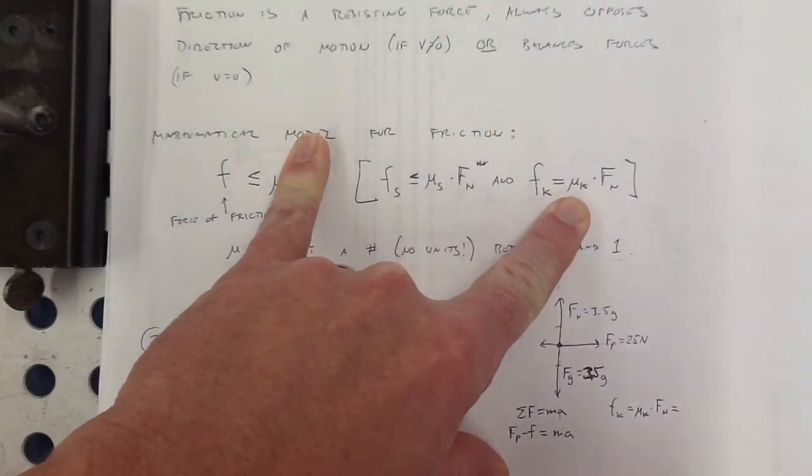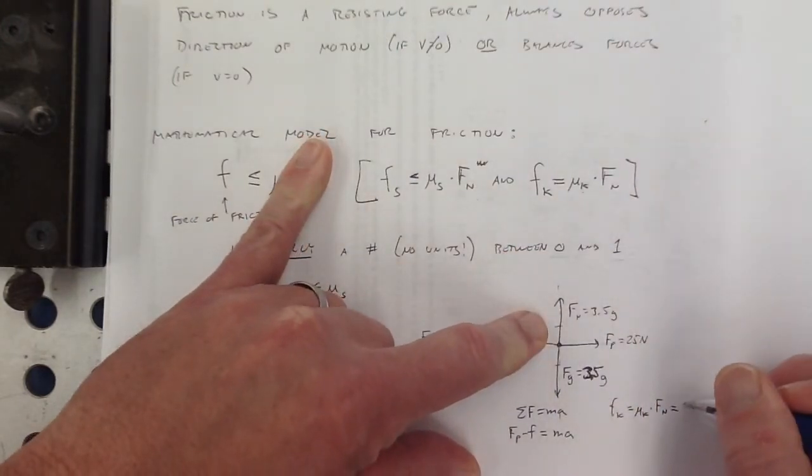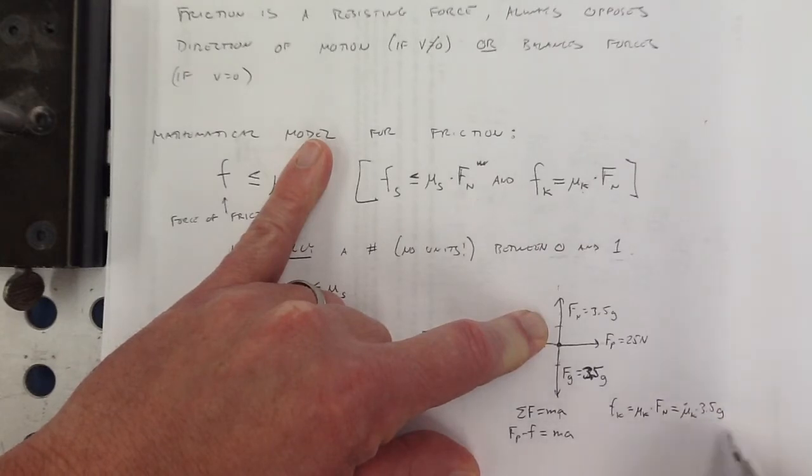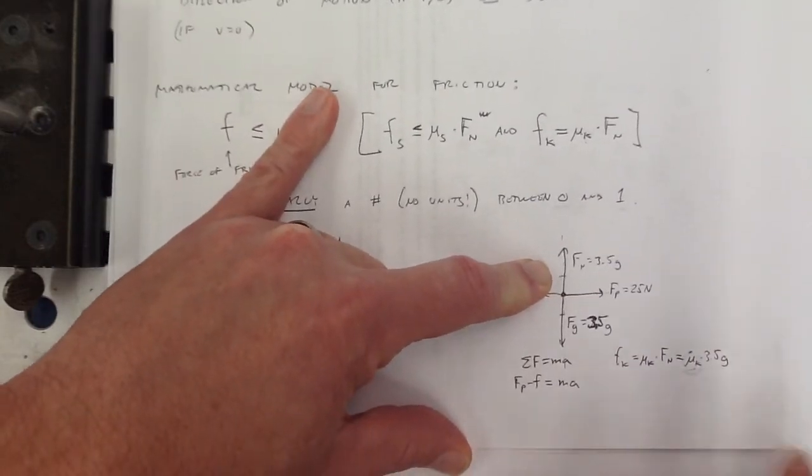And in this case, the normal force is equal to 3.5 G. So I've got mu, that's what Greek letter that is, mu times 3.5 times G. So I can replace this friction force with that. This is the thing that I'm trying to find, so I need to get that into my equation. Let's go ahead and do that.